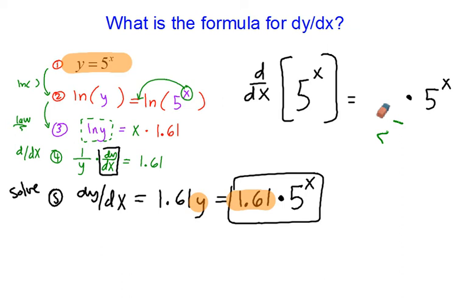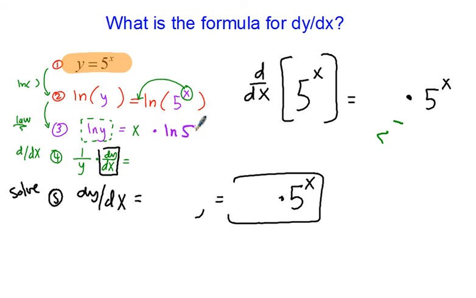1.61 was used as an approximation for the logarithm of 5. So let me go ahead and just replace that with its true value. A little bit abstract here. And let's see, this would be the log of 5. I think I've erased my y symbol there.